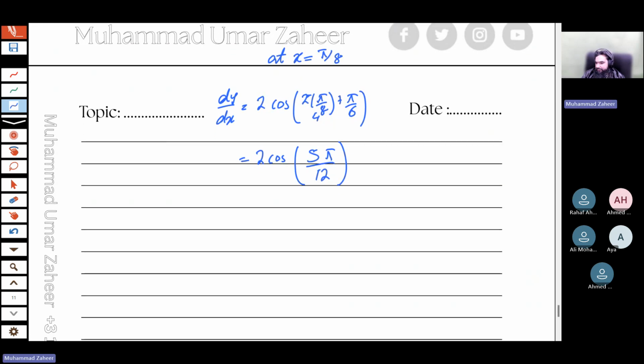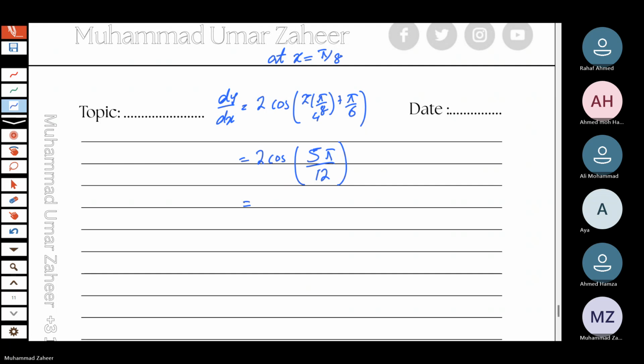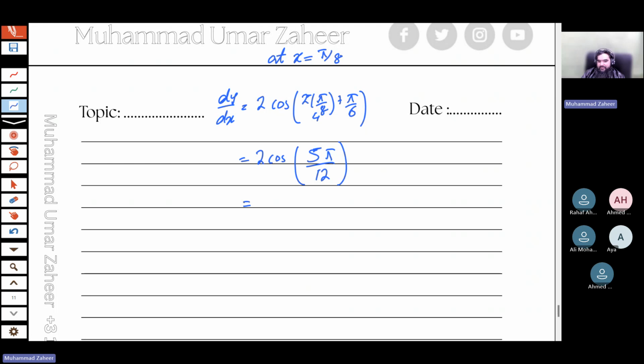Please find the value. It is in terms of pi, so your calculator must be in radian mode. Just give a decimal answer. 2 cos 0.517, the next value is 5.8 to 3 significant figures.